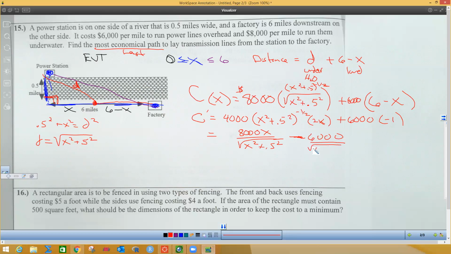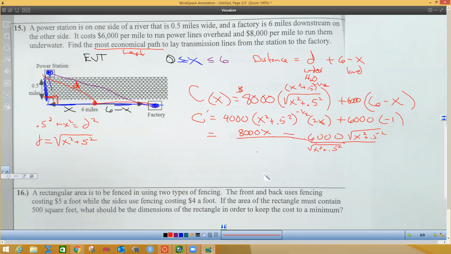So I'm going to multiply this thing by x squared plus 0.5 squared, and then the top part times the same thing. And then I got my common denominator, so I can put this whole top part over a common denominator, which I only need one of.